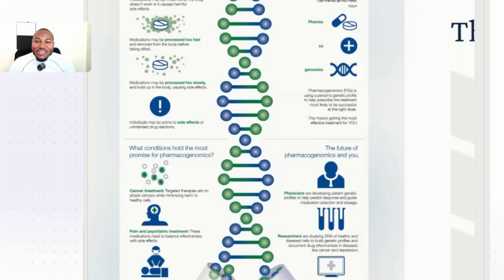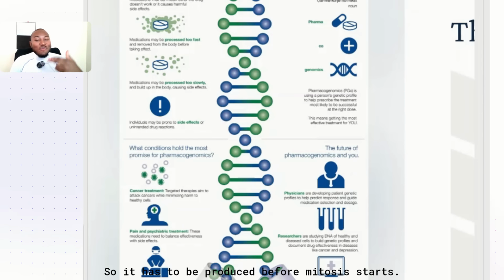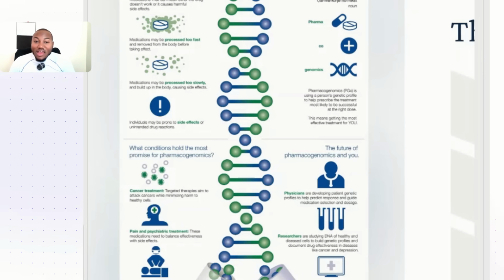Then the one that says the cell synthesizes the enzymes that control mitosis. It has to control mitosis, so it has to be produced before mitosis starts. This happens in the G2 phase. Now, the one that says the chromatin condenses into visible chromosomes, we know where it happens. That is in the prophase. Now, the one that says the cell synthesizes proteins and grows.